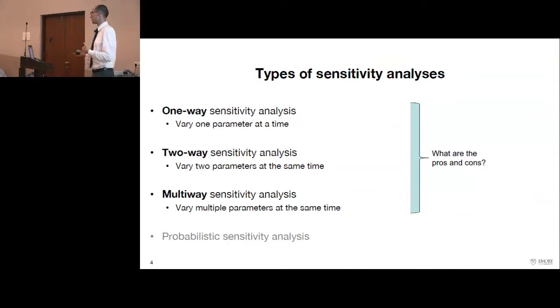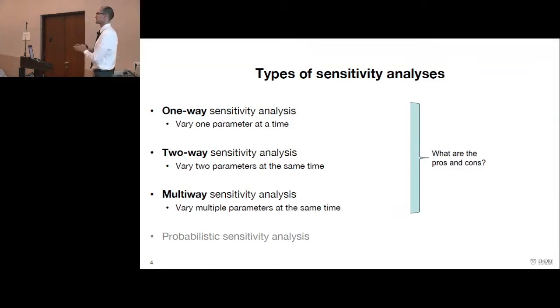On the other hand, the multi-way, of which two-way is essentially a subset, gives you a better idea of what can happen in the real world. Because in the real world, things change, and they don't wait. It's not that one thing changes and everything else waits.